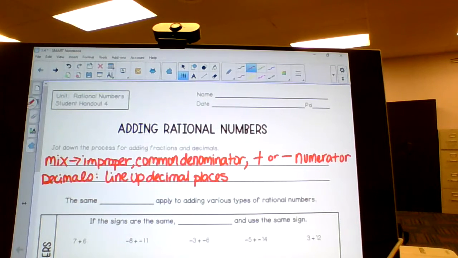And then we're going to insert 0 as placeholders if needed. So insert placeholder if needed. So I'm going to give you all a couple minutes here to get caught up on that, and then we'll get going.